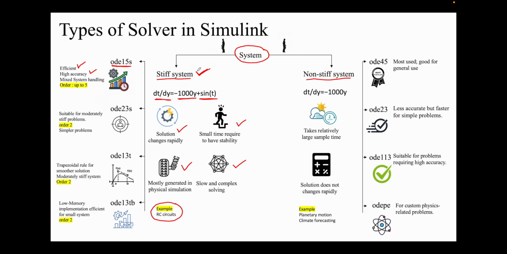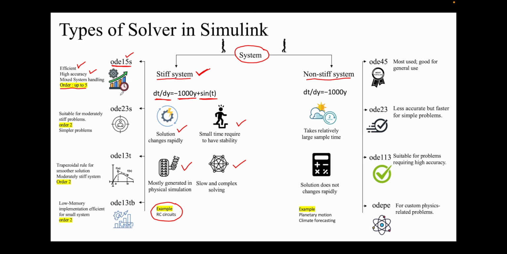If your system has both stiffness and non-stiffness, it can still solve it. The order that it uses is between 1 to 5, so that's why the name is ODE15S. S represents stiffness. This is one type of solver that we have.